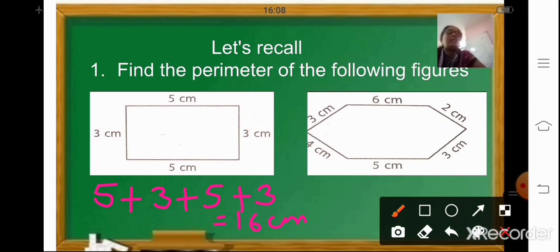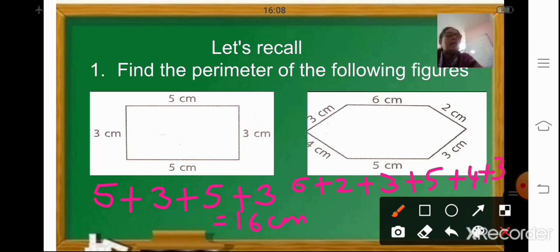Now same way here in this figure, when we add all the sides, that will be 6 plus 2 plus 3 plus 5 plus 4 and plus 3.